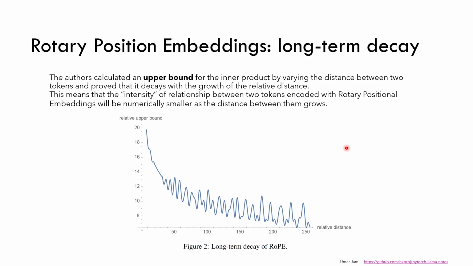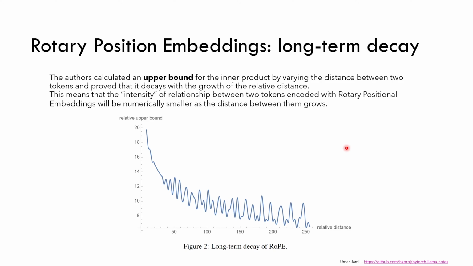Another interesting property of the rotary positional embeddings is the long-term decay. The authors calculated an upper bound for the inner product that we saw before, the g function, by varying the distance between the two tokens. They proved that no matter what the two tokens are, there is an upper bound that decreases as the distance between the two tokens grows.